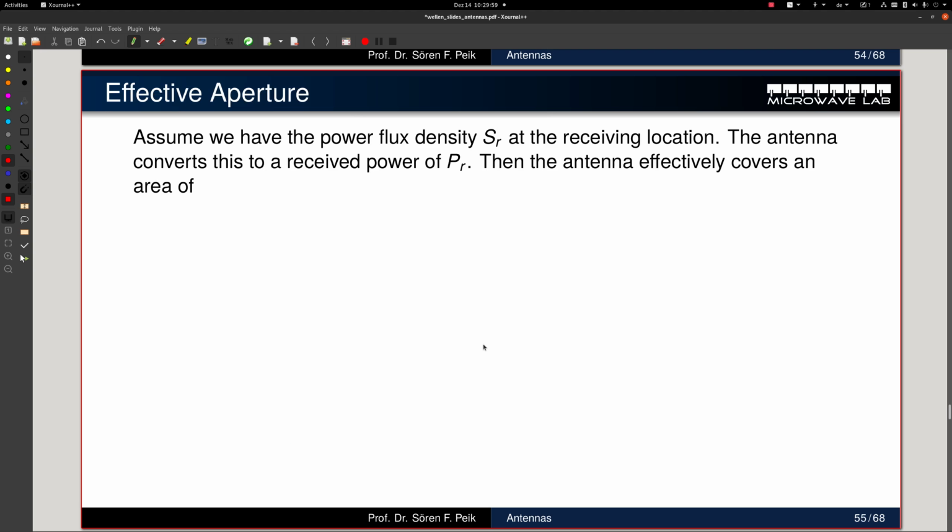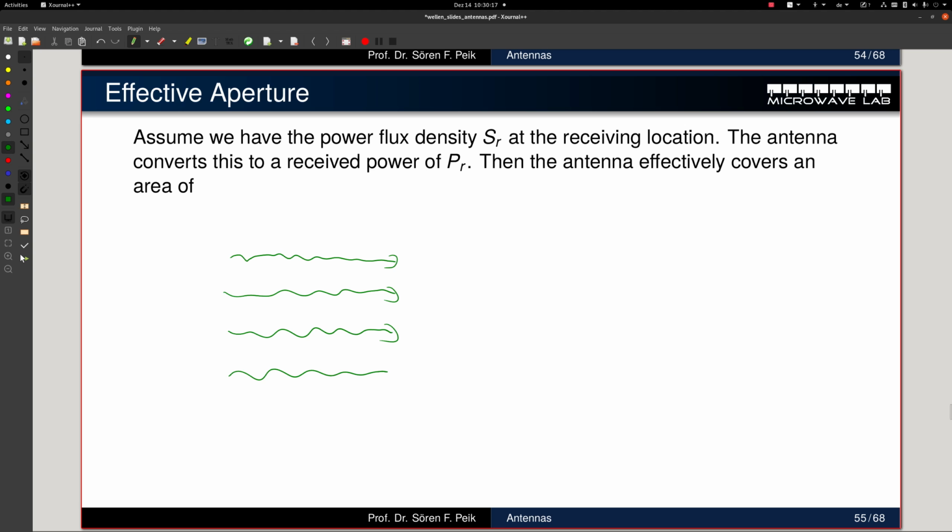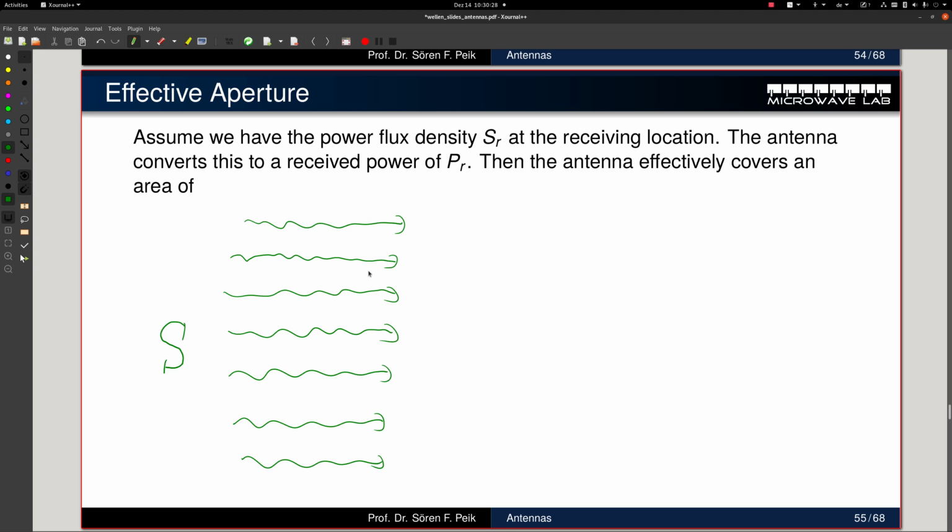And when we look at an antenna from the system standpoint, an antenna is nothing else but a big fishing net for electromagnetic waves. When we have a wave coming in here like this, and this wave has a certain power flux density S. And we can think about an antenna like, as I said, a fishing net.